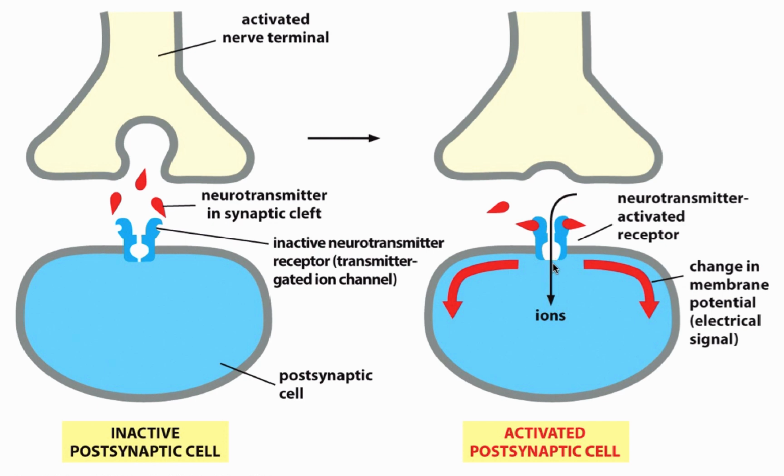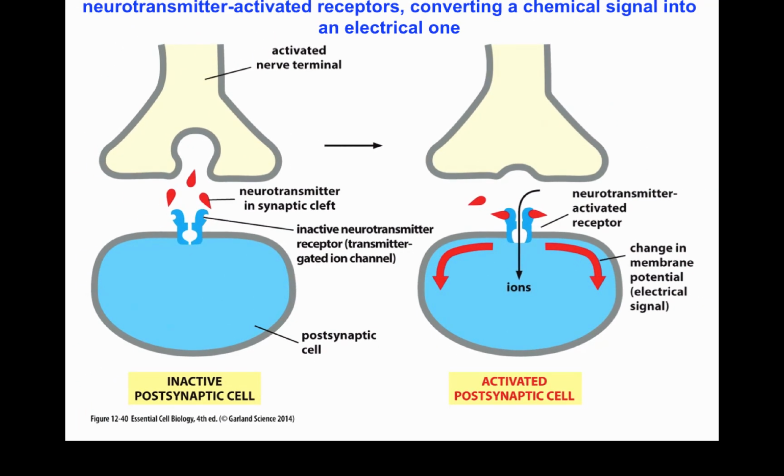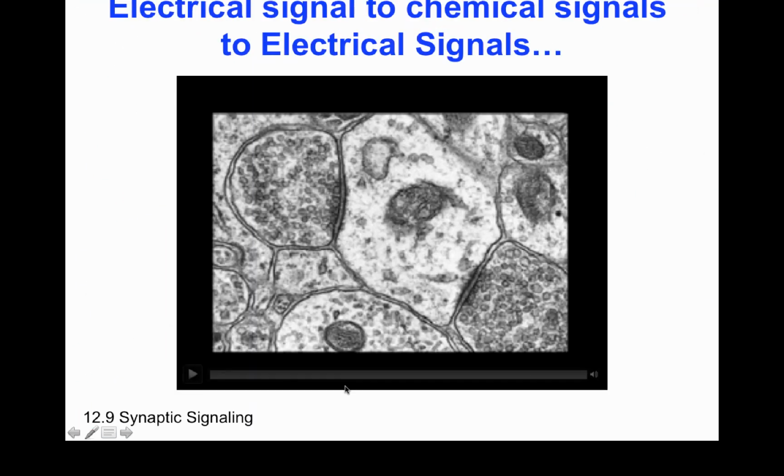That influx of ions inside the cell will induce a depolarization of the membrane of the postsynaptic cell, and that depolarization will result in an action potential. So now you can see that the chemical signal that has been released by the neuron can be converted back into an electrical signal by the binding of that neurotransmitter to the activated receptor, which will then lead to the generation of an action potential in the postsynaptic cell.